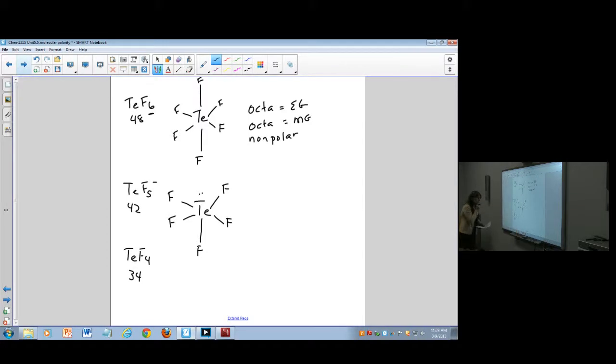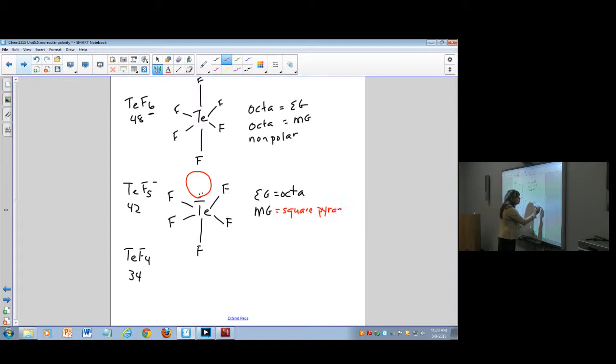Now, you've got 6 areas of density, so the electron geometry is octahedral, but the molecular geometry, having one lone pair of electrons in the axial plane, ends up being a square pyramid.